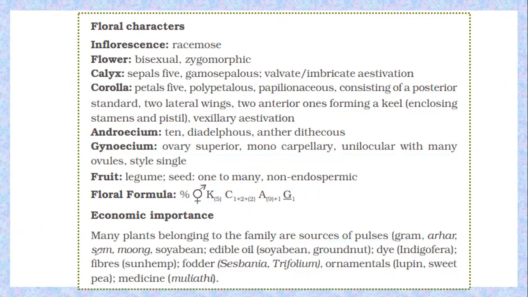Pulses: gram, arhar, sem, moong, soybean. Edible oil: soybean, groundnut, etc. Dye: indigofera. Fiber: sunhemp. Fodder: sesbania, trifolium. Ornamentals: lupin, sweet pea. Medicine: muliathi, etc. These are some of the common examples which are very essential from your point of view.